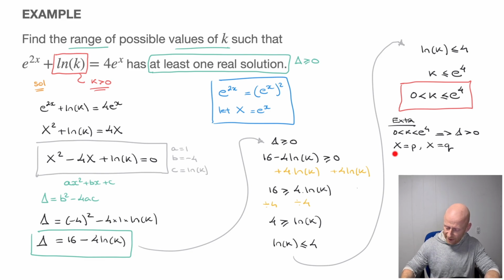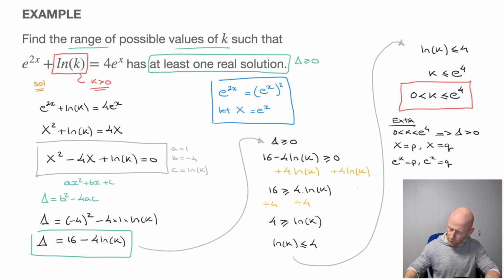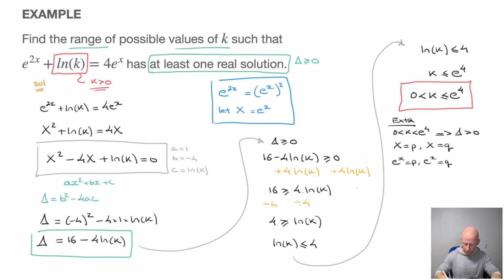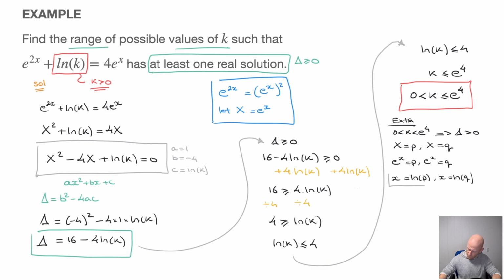Following that, remembering that capital X was e to the x, we'd rewrite those two equations as e to the x equals P, and e to the x equals Q. And we'd quickly solve these using the natural logarithm, and state that x, that's lowercase x, is either equal to ln of P, or it's equal to ln of Q. Those would be the two solutions we'd get if k lies between 0 and e to the power of 4. I'll underline that here, and put a little bullet point, like so.